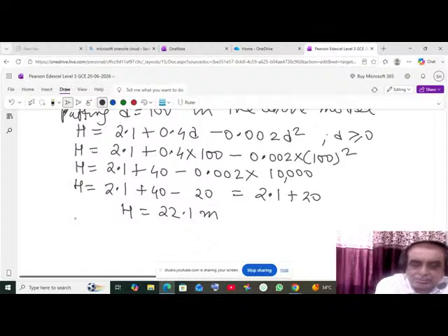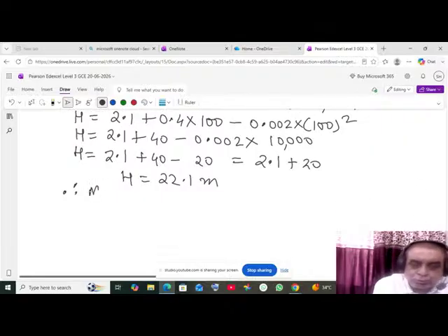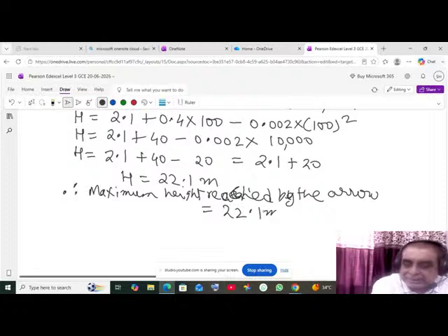The maximum height reached by the arrow is equal to 22.1 meters. That is the answer of the first part.